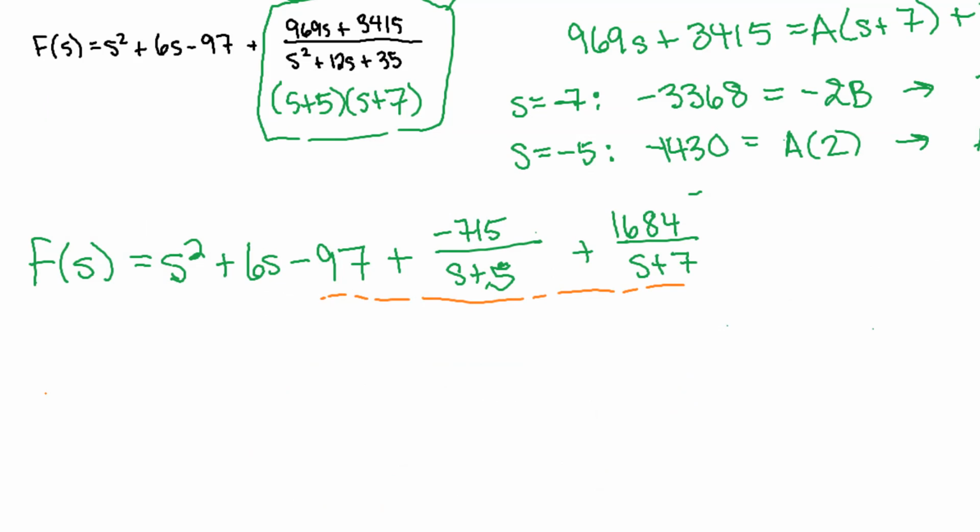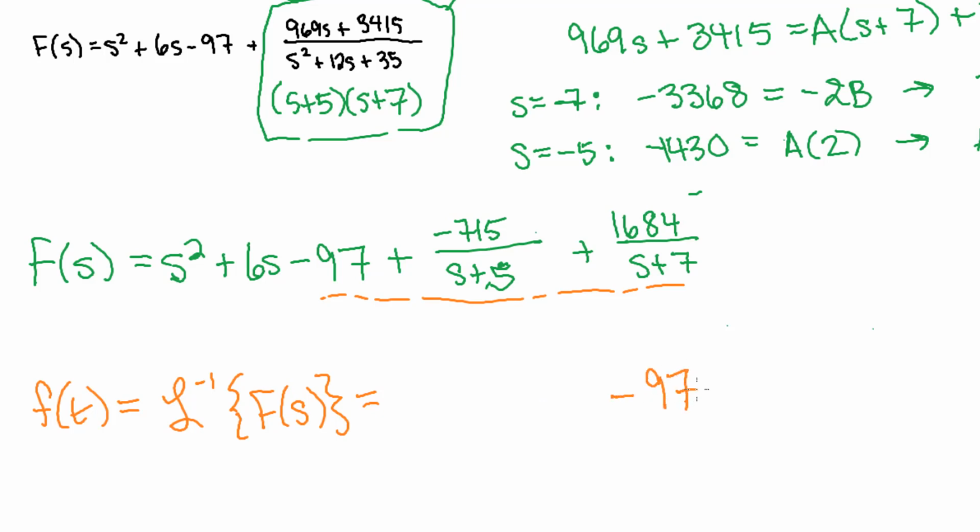So the function in the time domain is the inverse Laplace of the function in the s domain. Now I'm going to leave some space for the s squared plus 6s. So I would have minus 97 times the impulse function, minus 715, and then s plus 5 goes with e to the negative 5t.